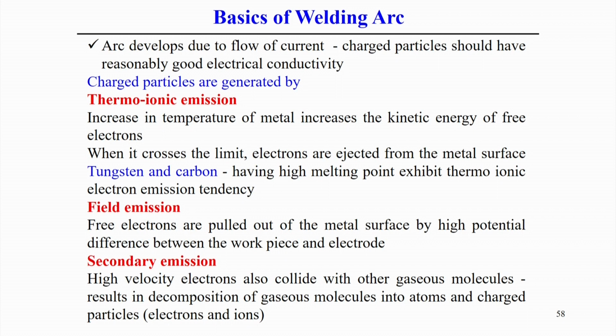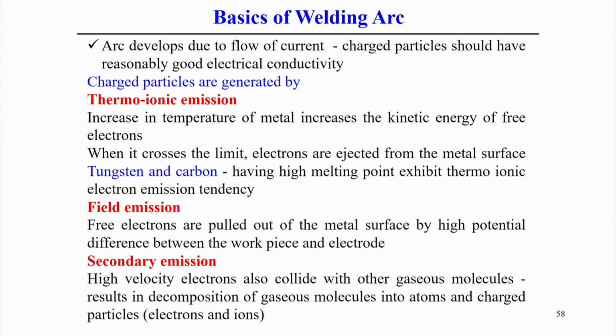If there is a voltage difference, then they can flow through that. When the energy crosses some critical amount, electrons get ejected from the metal surface and come out through a specific channel within a potential difference.